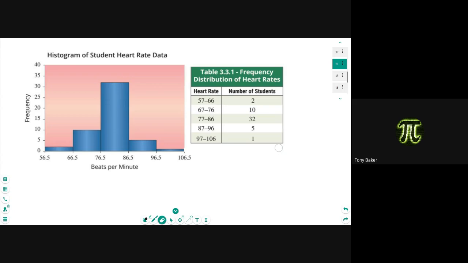What's the difference between this and a bar chart? There's a few. Give me one. Would you like to see a bar chart again? Let me see if I can find it real quick. Yeah, we'll use this one.